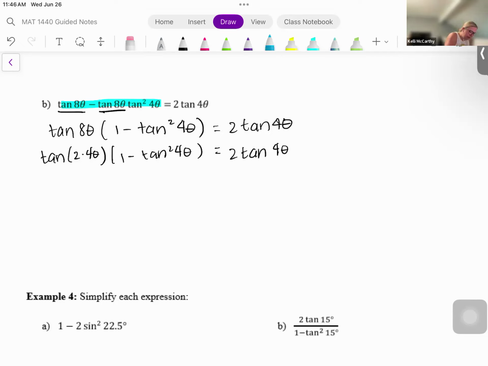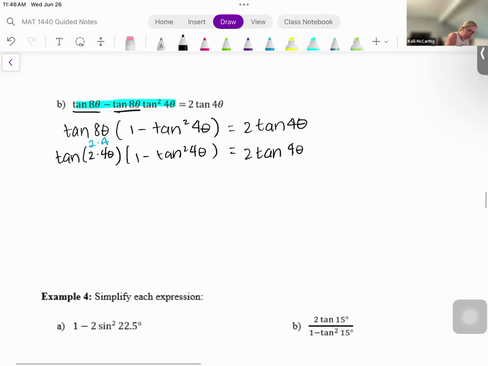So we think about this as our 2 times A. If I rewrite tangent of 2 times 4 theta, or tangent of 8 theta, using our double angle formula for tangent, that becomes 2 tangent of A, or in this case 4 theta, divided by 1 minus tangent squared of A, or 4 theta.